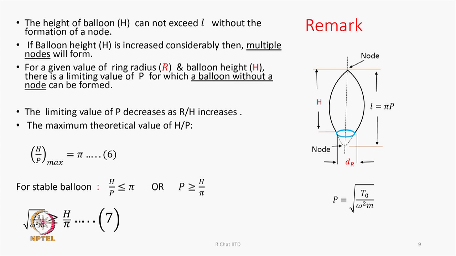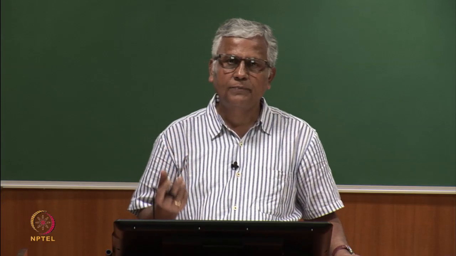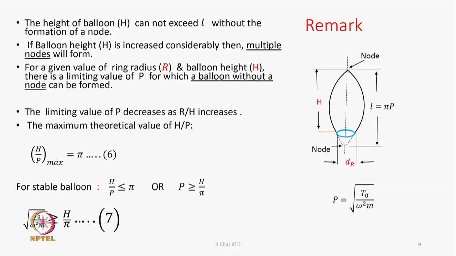Balloon collapse means that a node is about to be formed, and node formation means that spinning will be impossible. Okay, from there you go to the next slide.